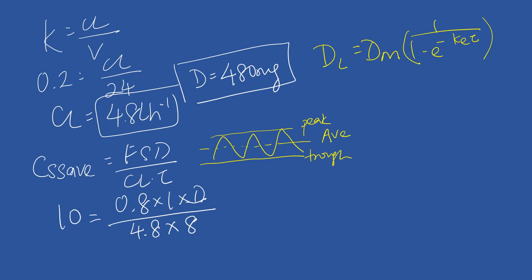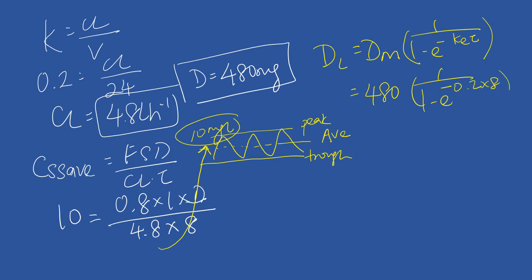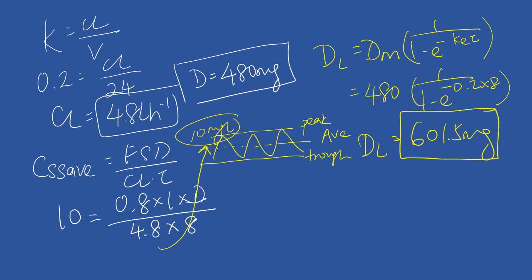The concept is you want a loading dose to hit the 10 mg per liter. Now, using the maintenance dose of 480, 1 minus e^(-Ke·tau), the Ke is 0.2, the interval is 8. Solving this equation, the loading dose recommended will be 601.5 mg.